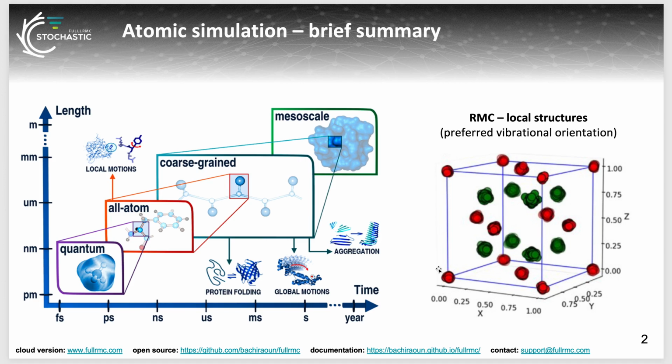Fullrmc, despite its name, is not a reverse Monte Carlo solution, but rather a stochastic framework, not a software, a framework that allows you to specify the sampling, all the way the atoms must be selected and moved. Fullrmc also allows you to simulate a mixture of systems, which is not possible in any theoretical RMC approach, up to the nanoscopic or mesoscopic scale, and also enables element coarse graining as well.